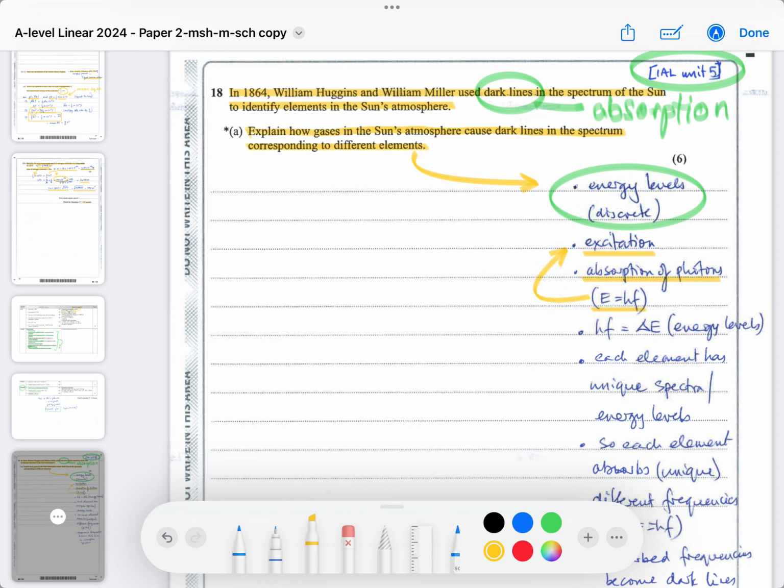So, for example, it might jump up from this level to this level, and that will correspond to the absorption of a photon of energy of a specific frequency. So this frequency that corresponds to these 3 lines, you could say this is n equals 1 and this is n equals 4 energy level, then that will be absorbed.